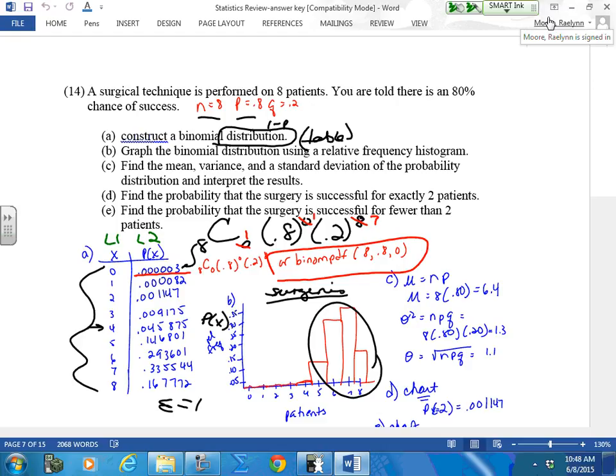On a binomial, we also have a series of formulas for you, and I put these on your formula sheet as well. The mean is n times p. The standard deviation, n times p times q. What generally happens is they'll ask you, say we perform this 250 times. On the average, what are his chances of success?